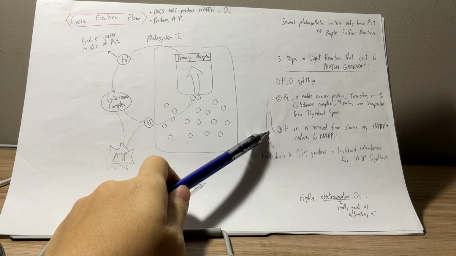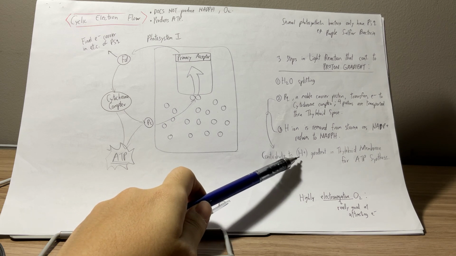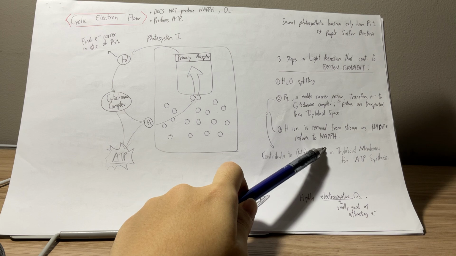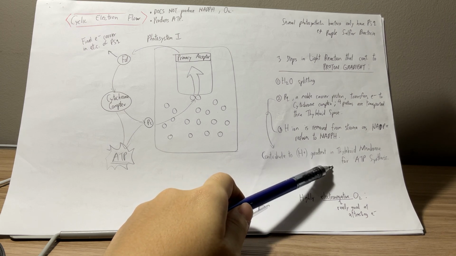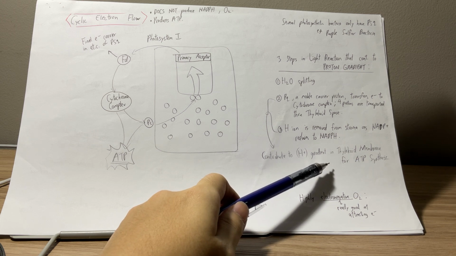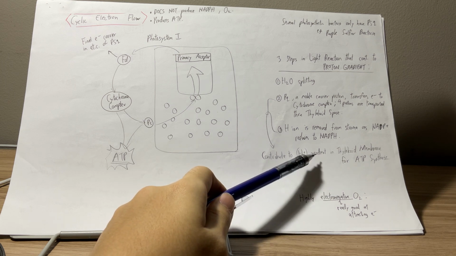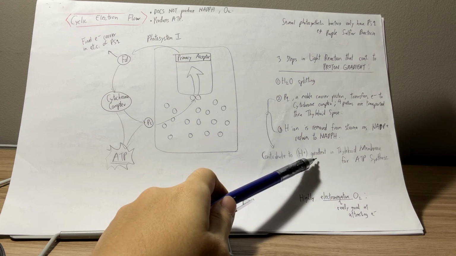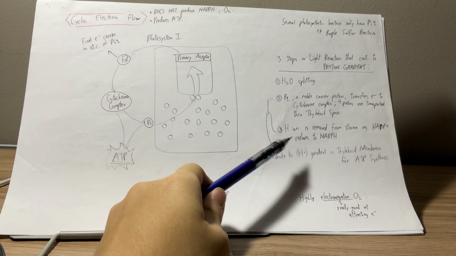Both of these steps contribute to an H ion gradient in the thylakoid membrane for ATP synthesis. So it's similar in a way to the electron transport chain and chemiosmosis. More specifically, chemiosmosis, because a gradient is produced and it triggers ATP synthesis.